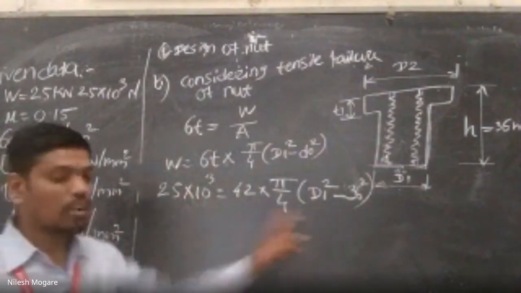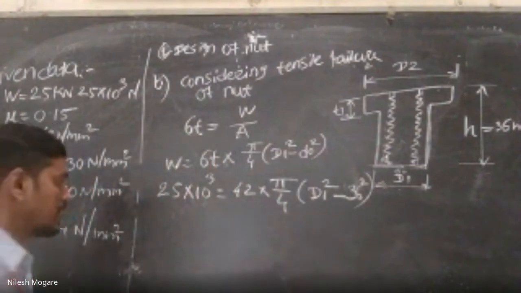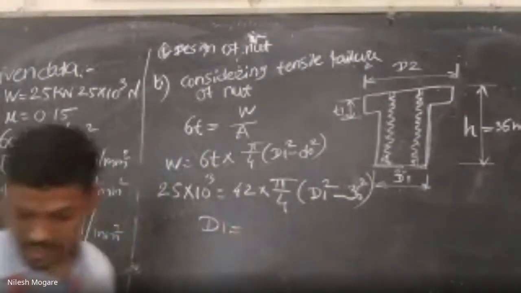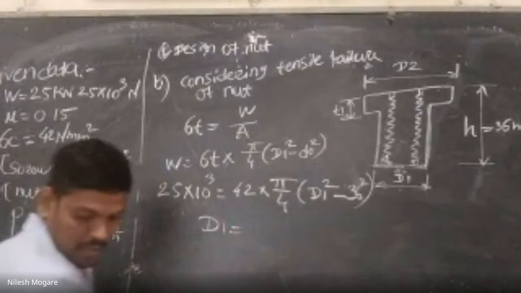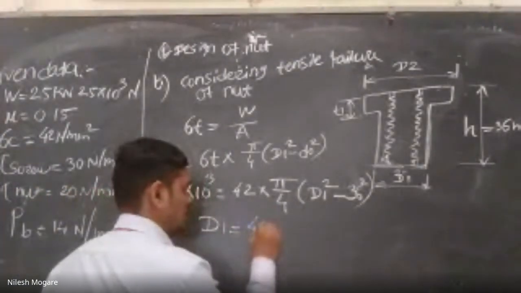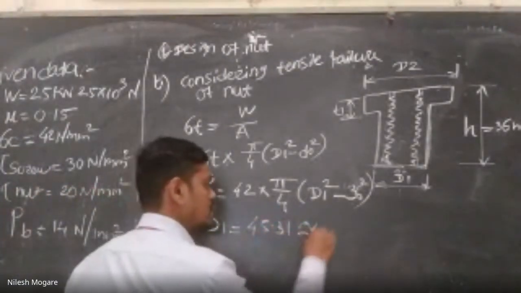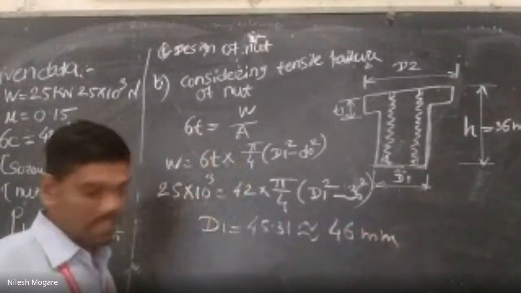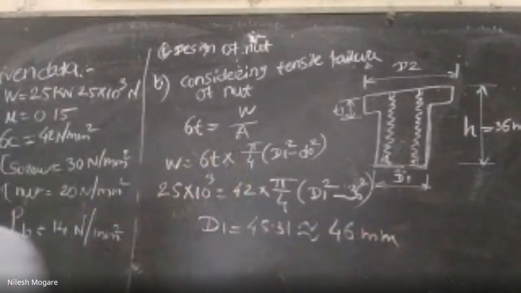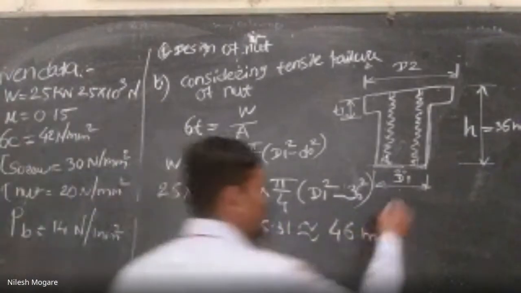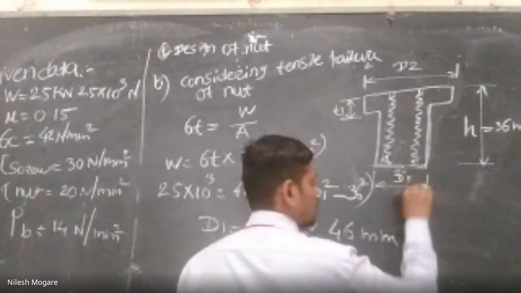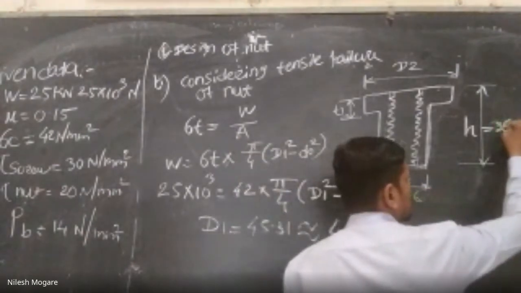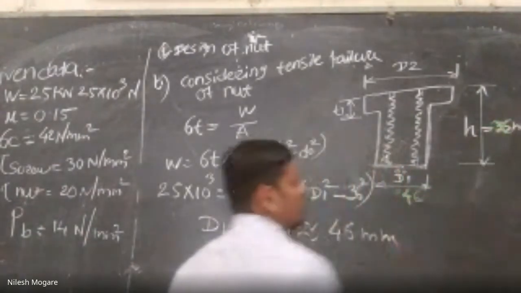So if we solve this equation, we take the value of d1 and it is nothing but 45.31. We say 46 mm. That means we find this value d1 is equals to 46 mm. This is 36. This is 46.